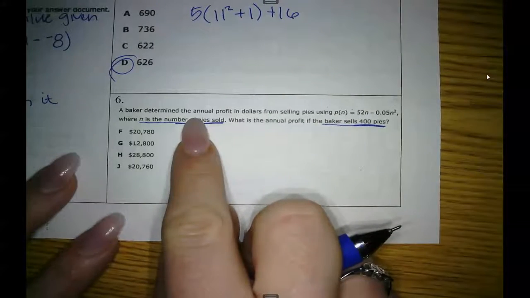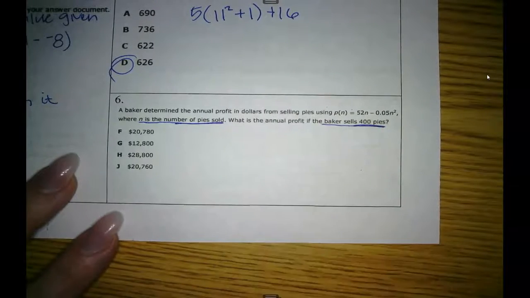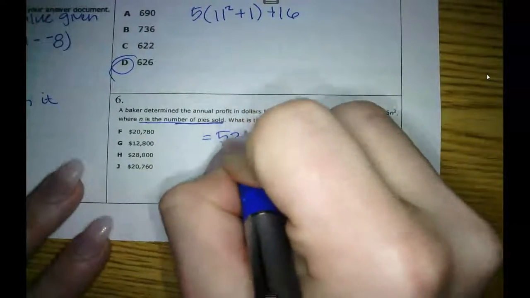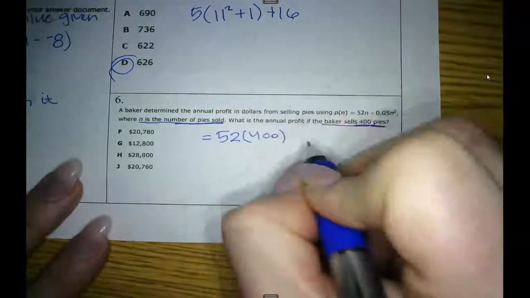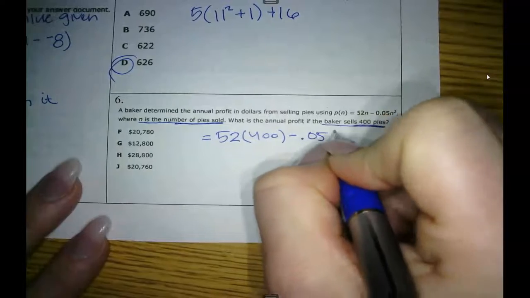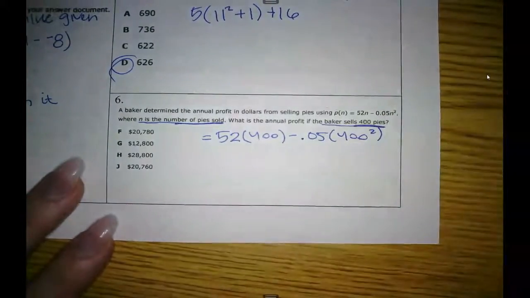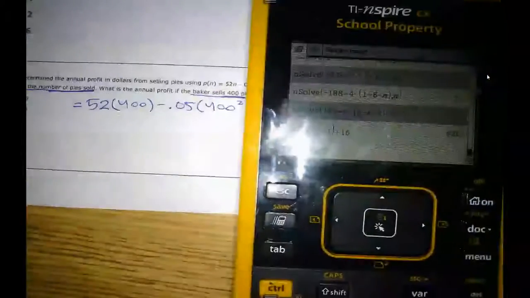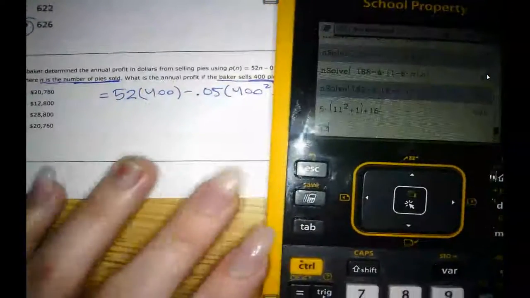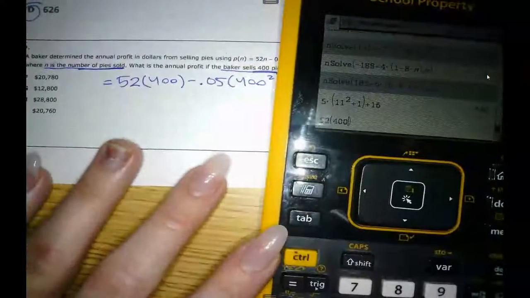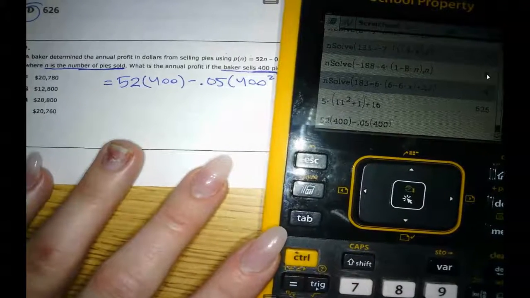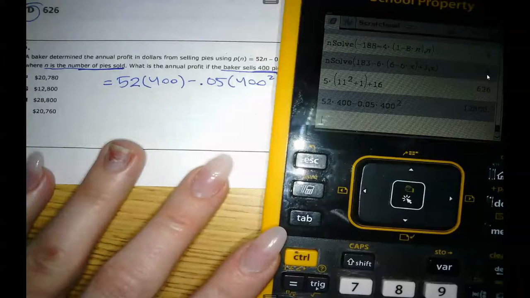So this just means that if n is 400, how much money are we going to make if we replace n with 400? So I'm just typing that in. 52, open parentheses, 400 minus 0.05, 400 squared. And that is 12,800, which is G.